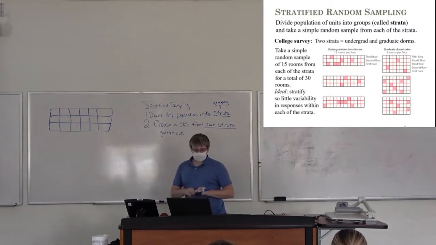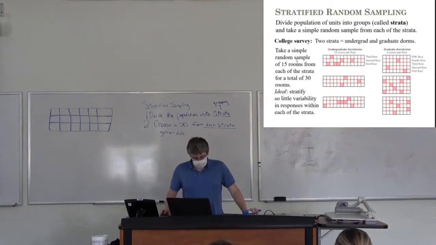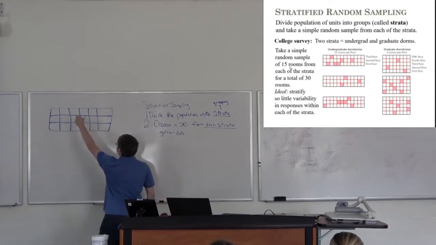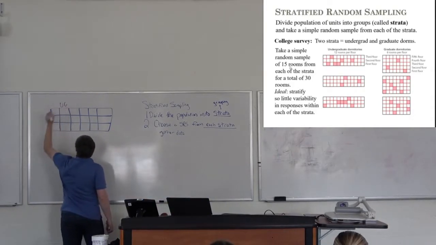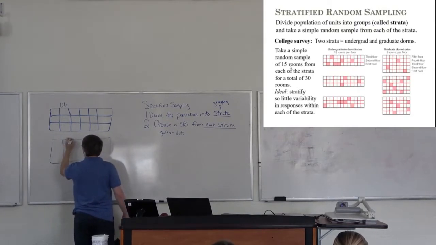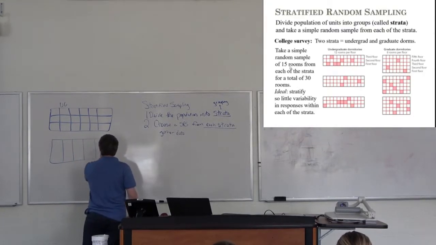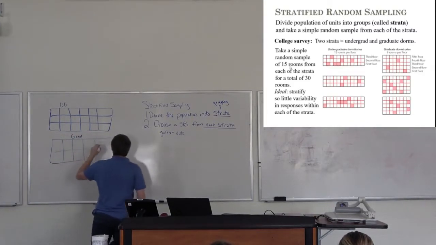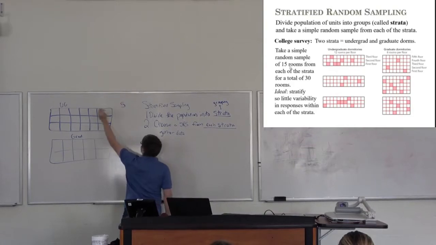And so in this, we're taking a simple random sample of 15 rooms from each of the strata for each 30. So suppose this is, I'll put undergrad here, and I'll put grad here. I'm actually going to just do 5 from each on the board.